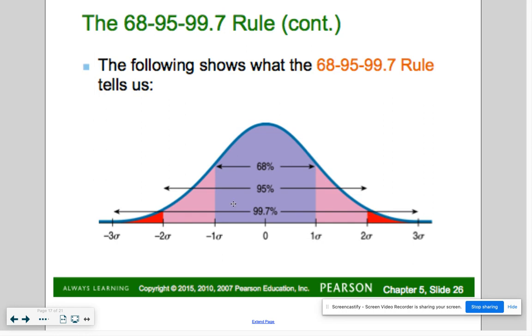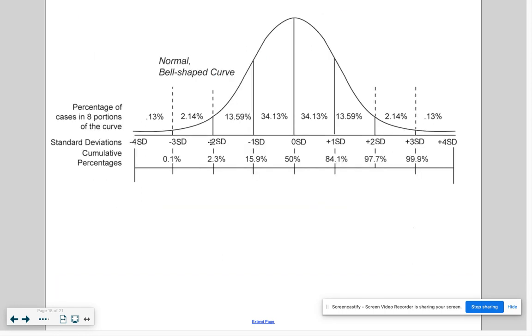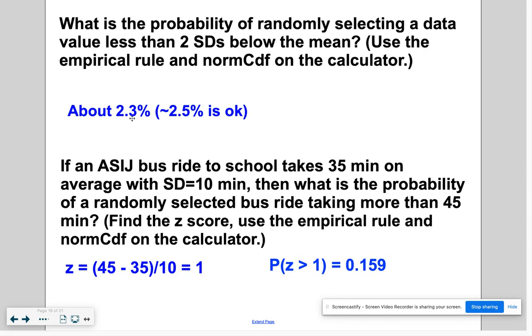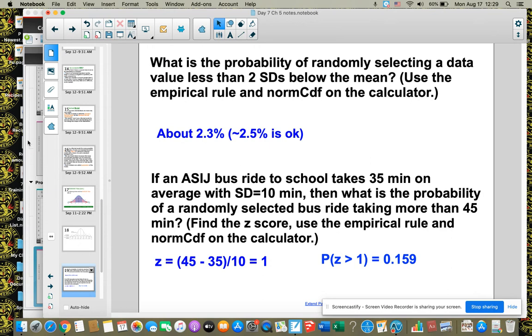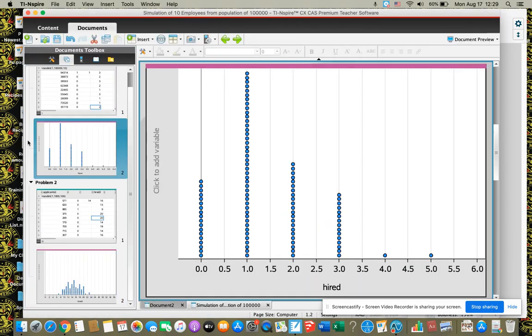And above would also be 2.5%. So we said on this scale, it was like 2.3%. Using the empirical rule, you get 2.5%, but that's close enough. So you can see I wrote down right here, 2.3% is what we ended up with. 2.5% is okay.